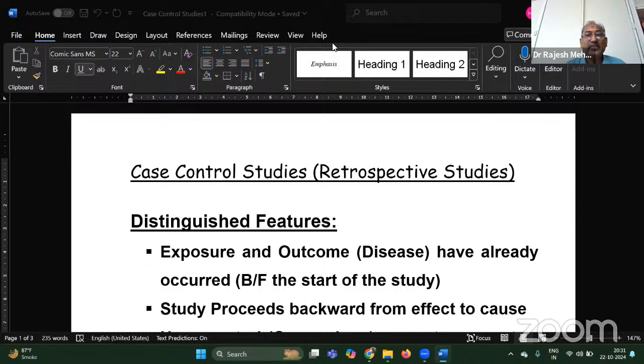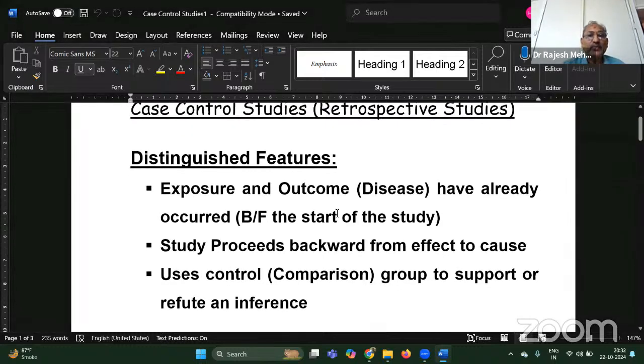Lung cancer, but usually we find lung cancer in less number, right? So in practicality, you take small things which are easy, for example, spectacles, myopia versus no myopia, right? Or let's say fatigue versus no fatigue. Such things can be taken.